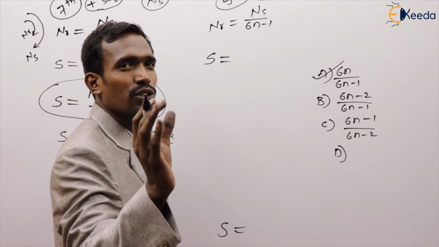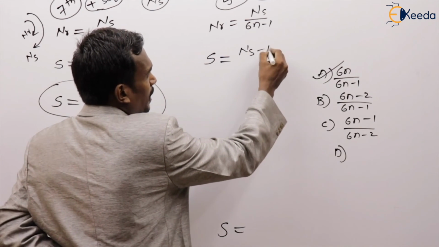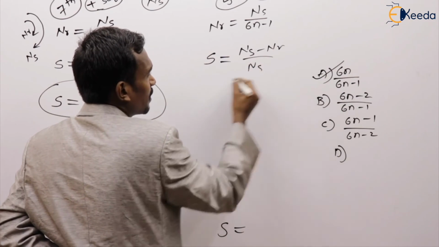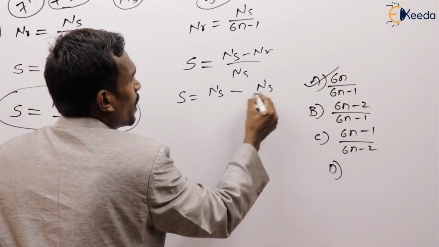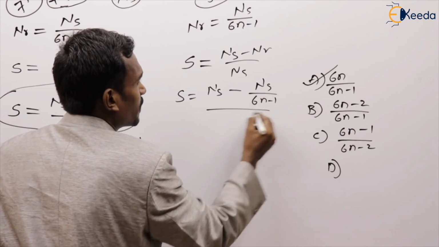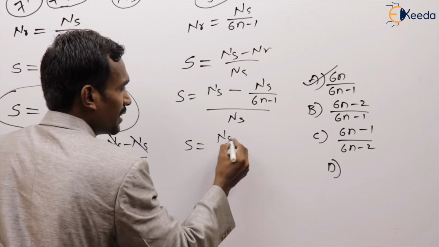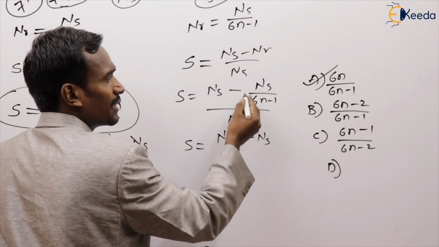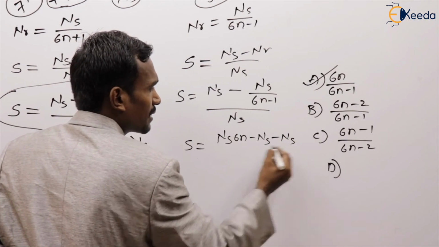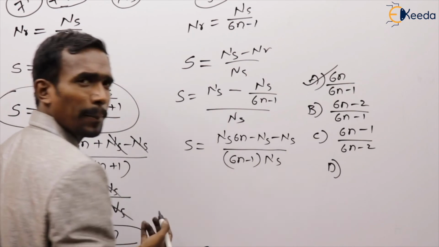For example, how does a common student do it? Common student: (Ns minus Nr) by Ns. So S is equal to (Ns minus Ns by (6n minus 1)) divided by Ns. Common students do it like this: Ns into (6n minus 1) minus Ns, divided by (6n minus 1) into Ns.